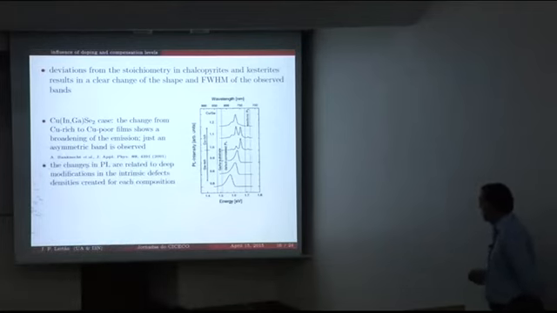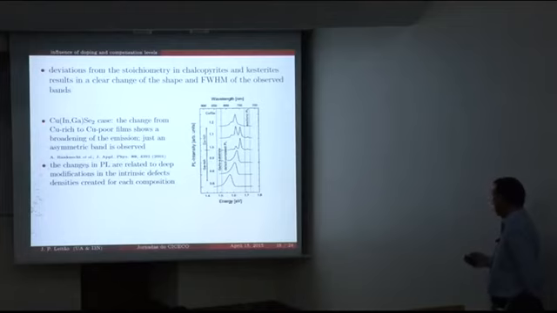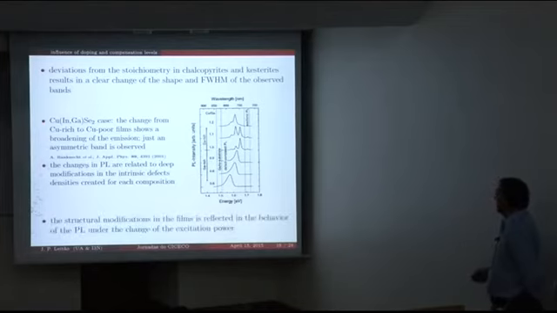The changes in the PL are related to the deep modifications in intrinsic defects, the density of the defects created obviously for each composition, and we have that influence on the PL. The structural modification in the films is reflected in the behavior of the PL precisely under the change of the excitation power, as we discussed, for example, for the case of gallium arsenide.